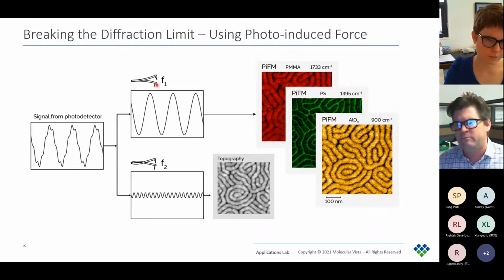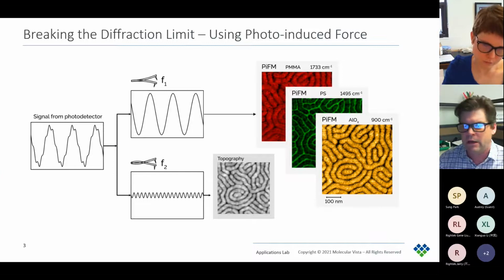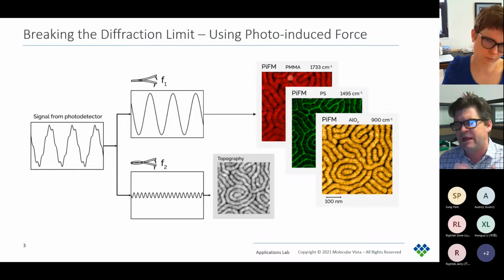On the first mechanical mode, we can start to detect the absorption event in the sample, because that absorption event is going to pull on the AFM tip itself. So as that sample absorbs, we feel this attractive force, it pulls on the tip. And then we can start to generate images that correlate to the absorption at different wavelengths of light, or wave numbers of light, depending on if you have more of a chemistry background or more of a physics background.